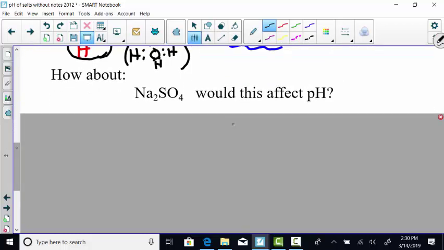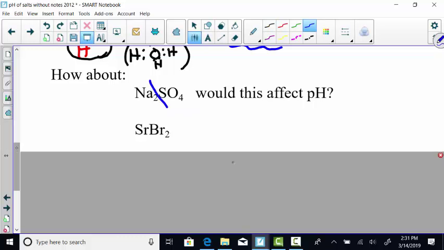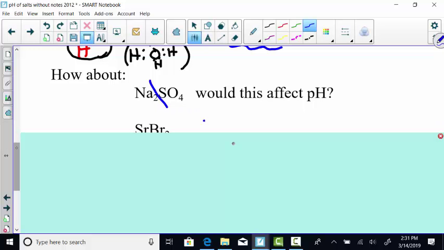So how about this compound, Na2SO4? Would this affect pH? What you essentially need to do is take these compounds and split them apart. When you split them apart, I have Na plus ions and I have SO4 minus ions.